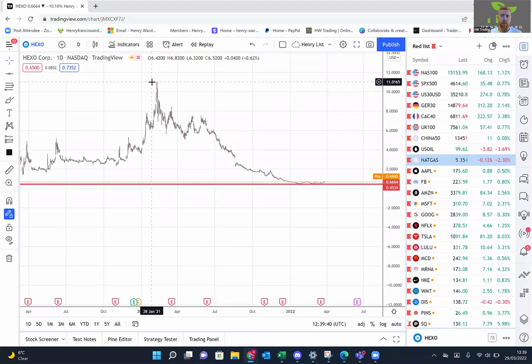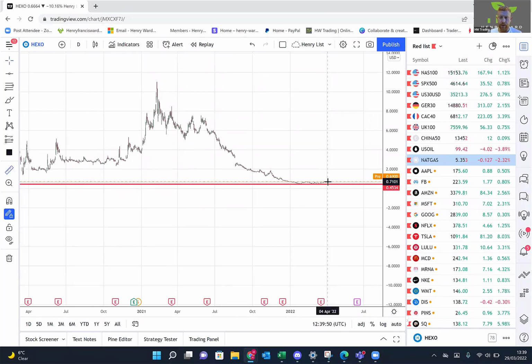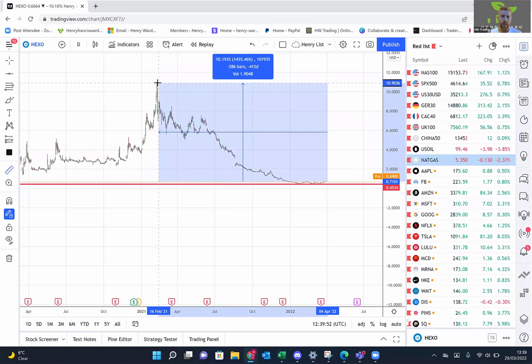Once people jumped on board, this went up to $11. That's a 1,400% return if it gets back to that high.